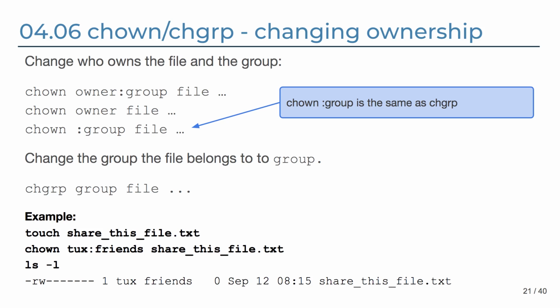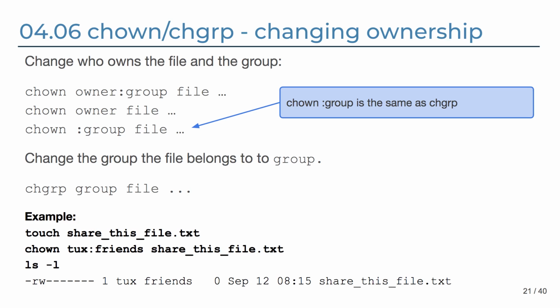Cool. Next, let's go to how we change ownership. So there are 2 commands you can use for that. One is the change owner, so chown. And here we can assign both things. We can assign an owner and a group by listing an owner, then a colon, then the group if you want to do both in one command, or we can just assign an owner or just a group.